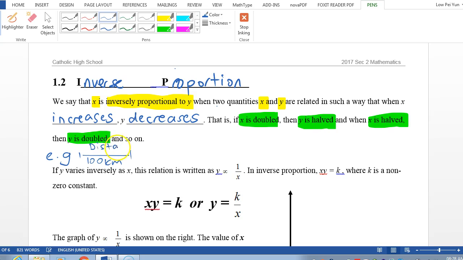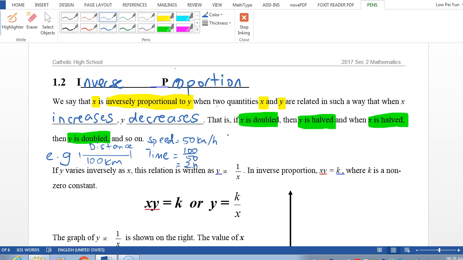Now let us say, for example, I'm traveling at a speed of 50 km per hour, then the time taken will be, of course, we take distance divided by speed. That will give me, yes, 2 hours.